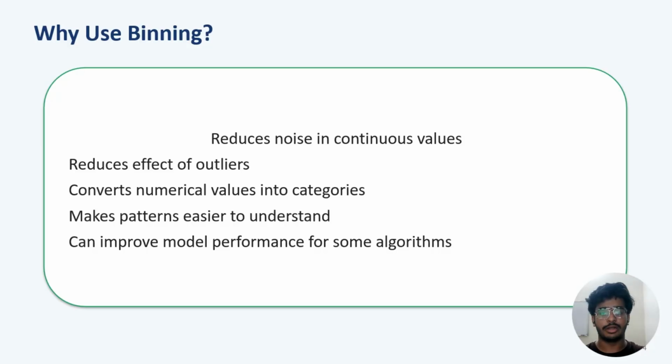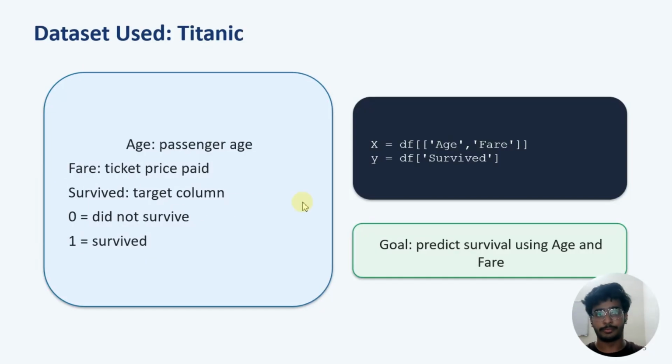Next comes the dataset used in this video. Let me describe the dataset. We have used the Titanic dataset, which is very famous. It is available across the internet. You can check it on Kaggle as well as browse it on the internet.